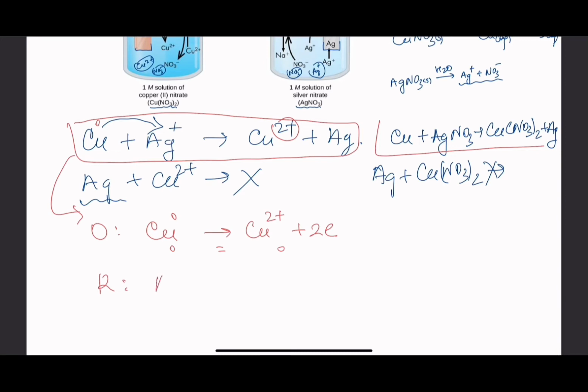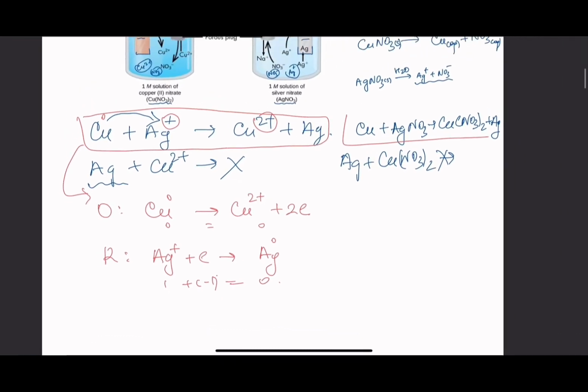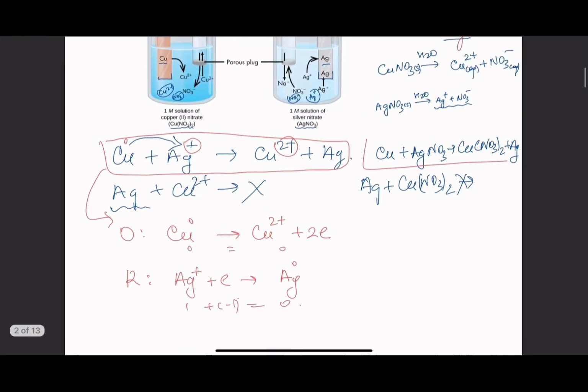We have silver +1, and then it gives us silver on this side. If we do charge balance, we need to add 1 electron here, because this is +1, and adding -1 will give you 0 on both sides. Okay, so this is reduction, this is oxidation.